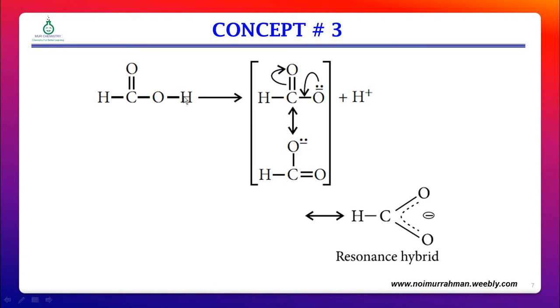This hydrogen is acidic, so this hydrogen can be removed by treating with a base. Base will abstract this hydrogen as proton and the bonding electron pair between O-H will be taken up by this oxygen. Thus oxygen will acquire negative charge, forming formate anion, and this formate anion is resonance stabilized.